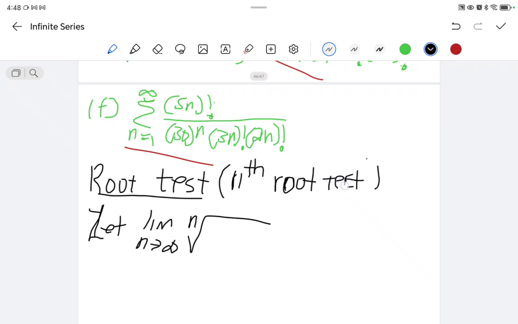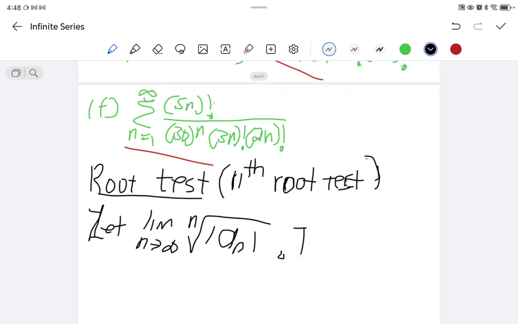Don't forget this n. Most people forget this n, that's why I'm writing it there. It's a bit combined with absolute convergence, that's why I did the absolute convergence first.